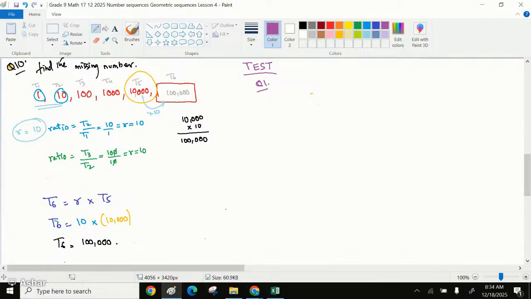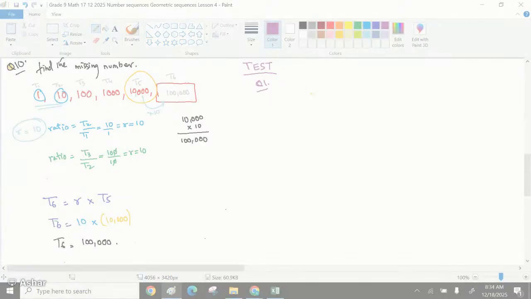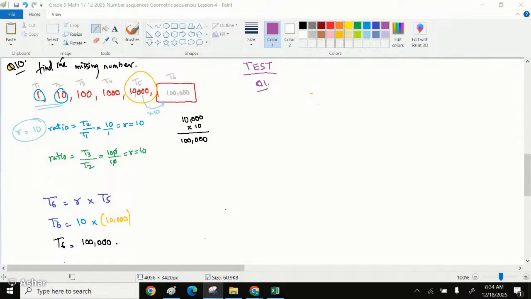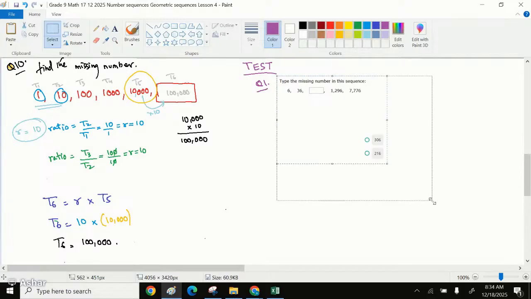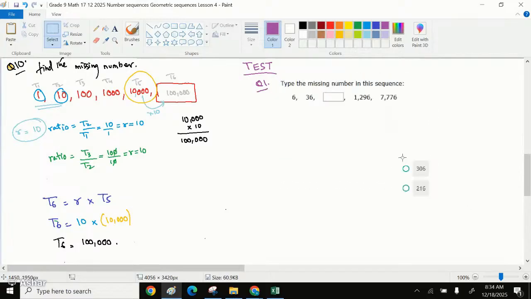It says type the missing numbers from the sequence. These are the two options that are given to us, option A and option B. We'll write option A, option B, and we'll select our answer later on.